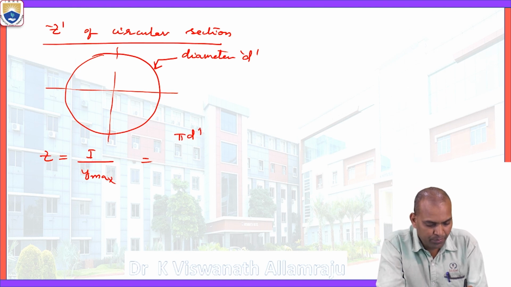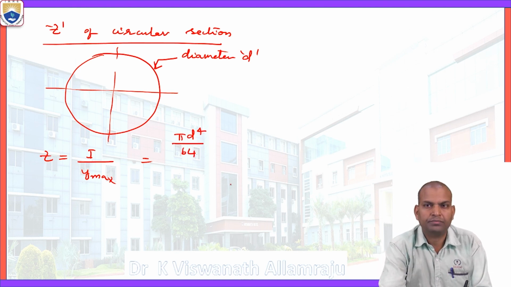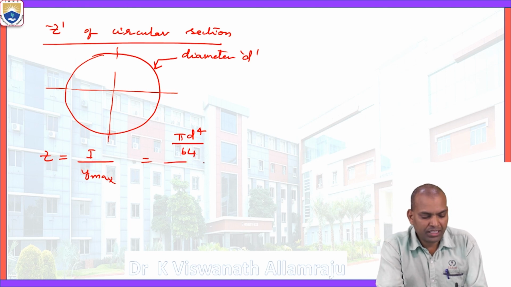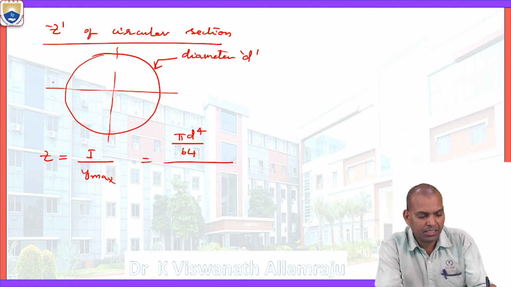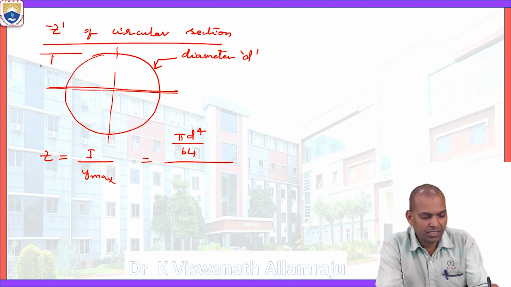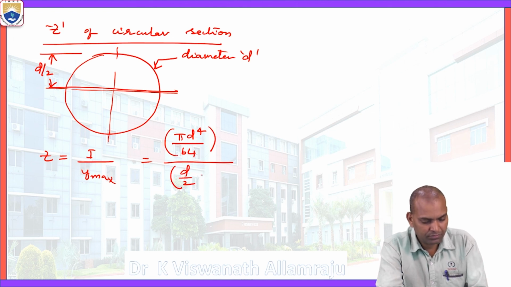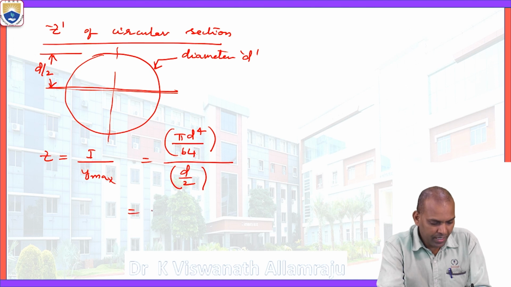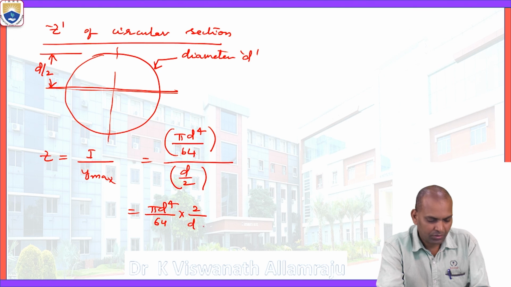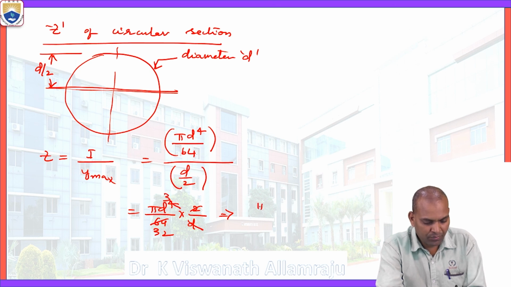That is pi d power 4 by 64. What is the y max? This is the neutral axis. What is the distance? Here it is d by 2. Substitute here. So pi d power 4 by 64, then simplification, this is 32 times. Then it becomes pi d cube by 32.